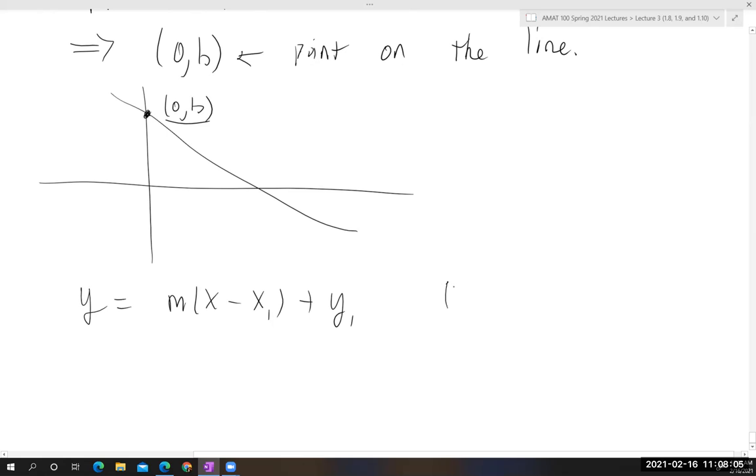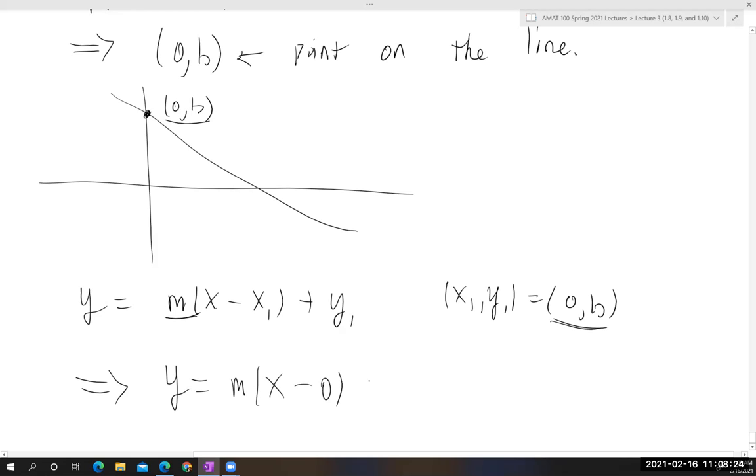In our case, (x1, y1) is equal to the point (0, b), and of course m is given also. If I plug in this point, I get a simplified version of this point-slope formula.